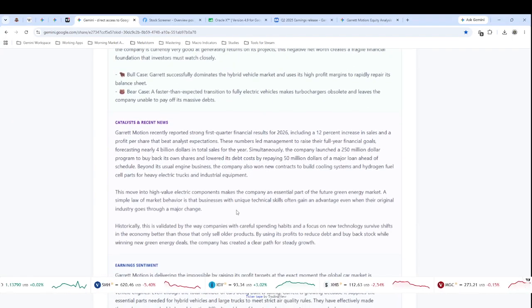Okay. The bull case says that they successfully dominate the hybrid vehicle market and use its high profit margins to rapidly repair their balance sheet. The bear case is a faster than expected transition to full electric vehicles makes turbochargers obsolete and leaves the company unable to pay off its massive debts. Now, I'm going to write down my first note here. My first note is going to be I don't believe EV adoption will move that swiftly.